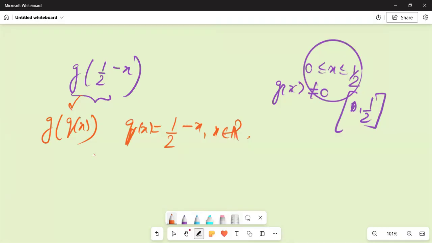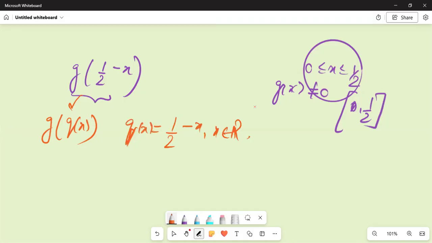This is the composition function, because earlier G was choosing the points of the real axis directly. You can substitute, or you can act G on any point of the domain, which is the real line.